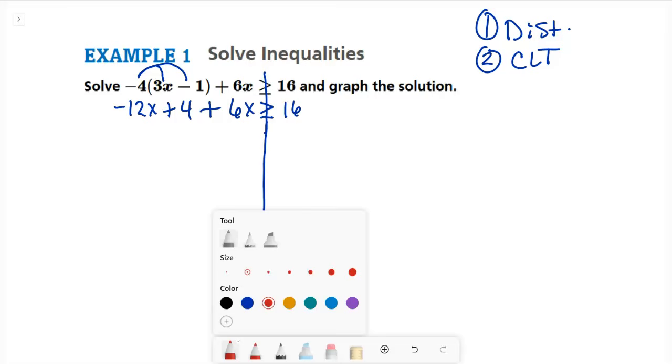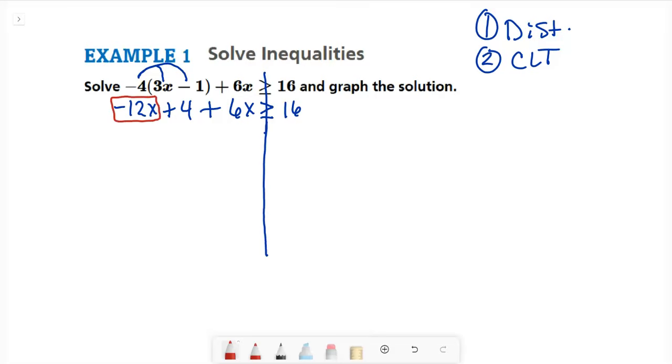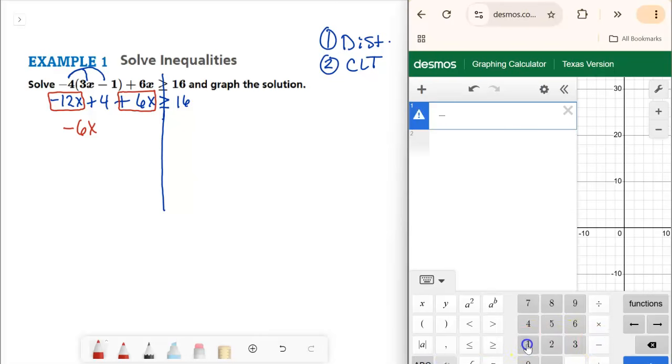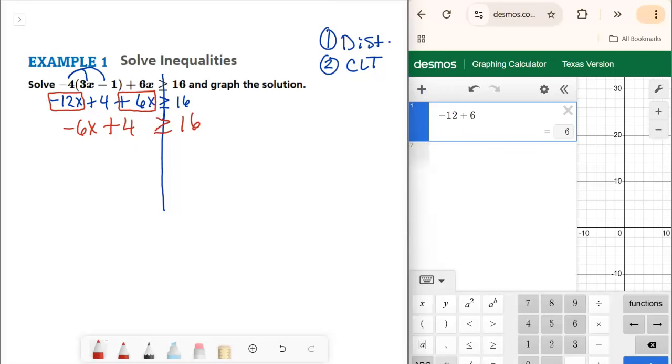So on the left side, these two things look alike, so I can combine those two. -12 plus 6 is a -6x. So -12 plus 6 gives you a -6. That's how I got that answer. Everything else comes down, so I still have plus 4 greater than or equal to 16.